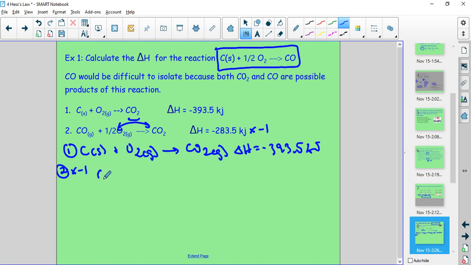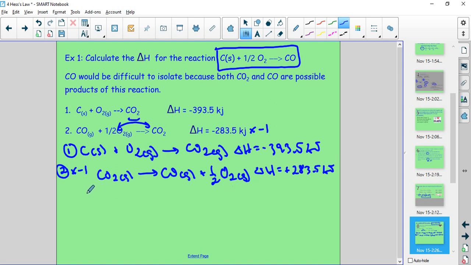Okay, so CO2, okay, that sign is positive.